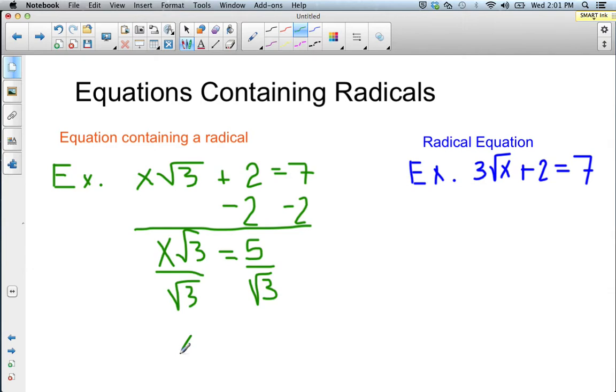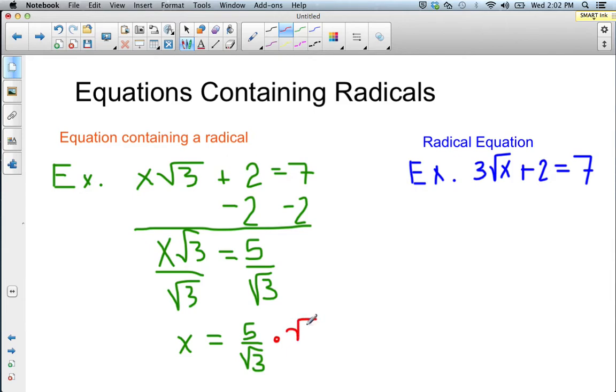And remember that your answers need to be left with the denominator rationalized. So if we have 5 over square root 3, it's not rationalized in the denominator. So I want to get the radical out of the denominator. How do we do that? Well, you have to multiply the numerator and the denominator by your clever form of 1.